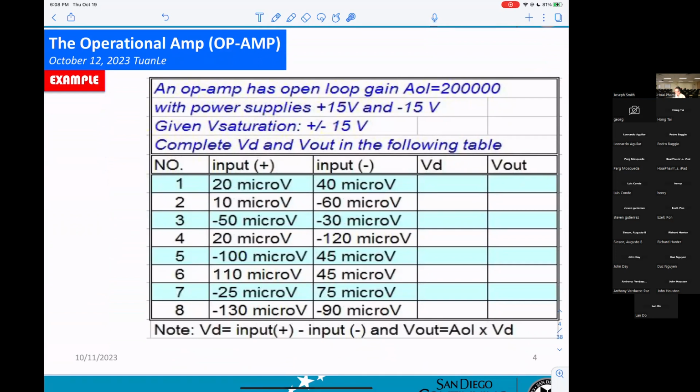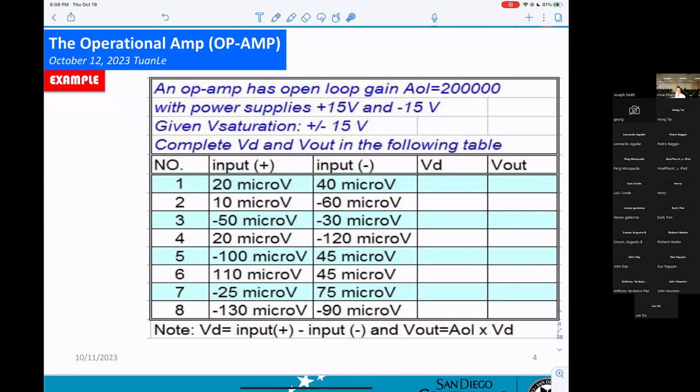Now, an op amp has an open loop gain of 200,000 with a power supply of 15 volts and minus 15 volts. In this example, I give you V saturation that is supposed to be less than 15, but we're using plus or minus 15 volts.